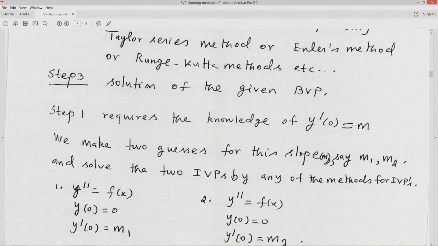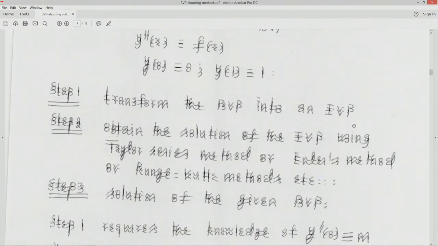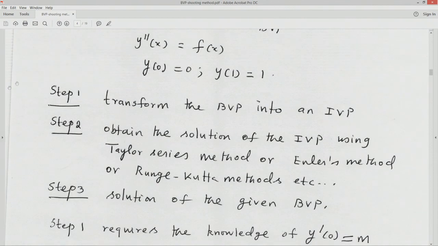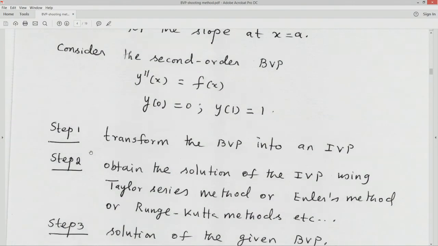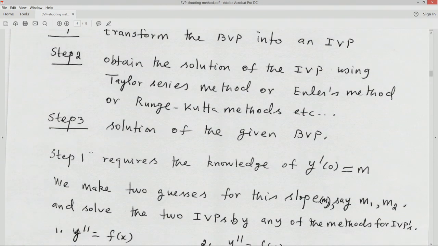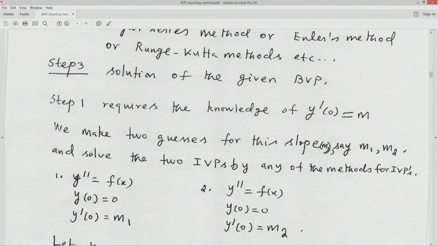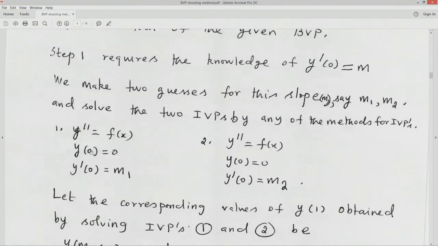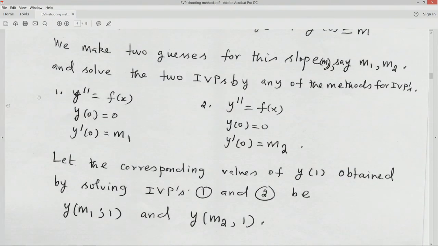And it is clear that step 1 requires the knowledge of the slope y dashed at the initial point 0. We are given y at 0 as 0, but we do not know what y dashed at 0 is. So, we have to guess this value of y dashed at 0. So, we make two such guesses and consider two initial value problems, say 1 and 2.